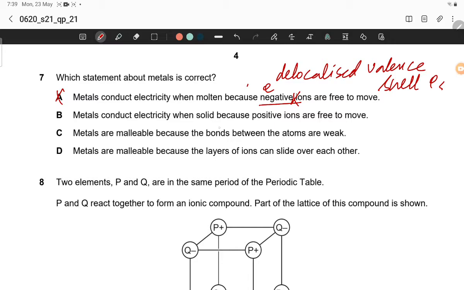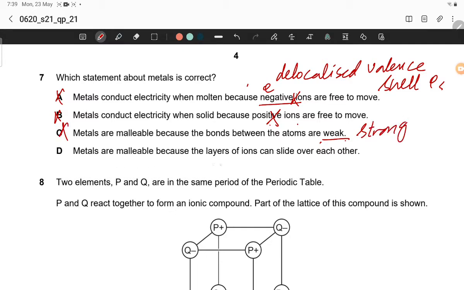Metals conduct electricity when solid because positive ions are free to move. This is also incorrect because positive ions stay in position. Metals are malleable because the bonds between the atoms are weak. Bonds between atoms are strong, so this is incorrect.